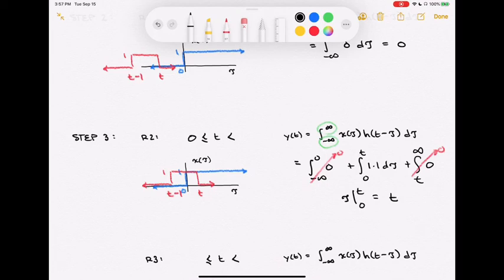It's just like a linearly increasing function over the interval 0 less than or equal to t less than what? Well, how long does this last? It lasts until the very last edge of my function. That last edge is identified by t minus 1. When that last edge hits the beginning of x of tau, that's when that pulse transitions from entering x of tau to being fully within x of tau.